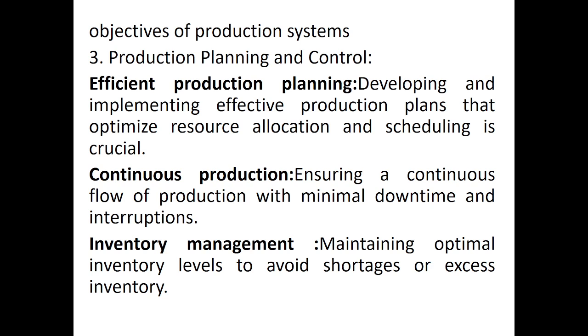So everything needs to be planned categorically. Then only will the production team, production house, or marketers have the competitive edge. Otherwise, if there are interruptions and downtime, it will create big drawbacks for the production team.